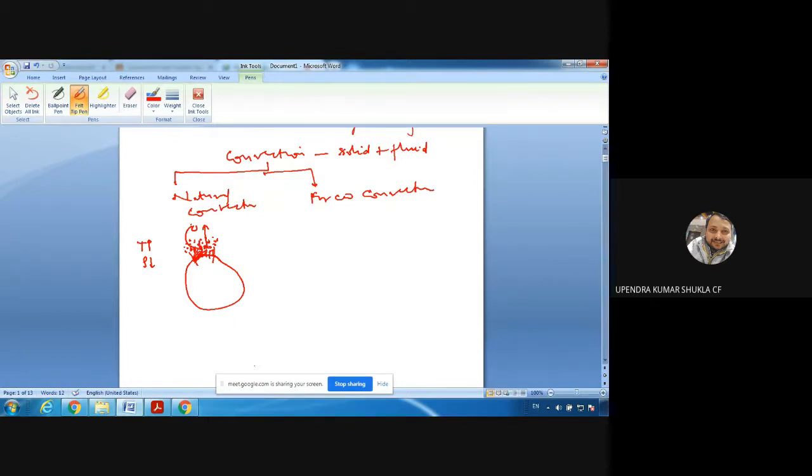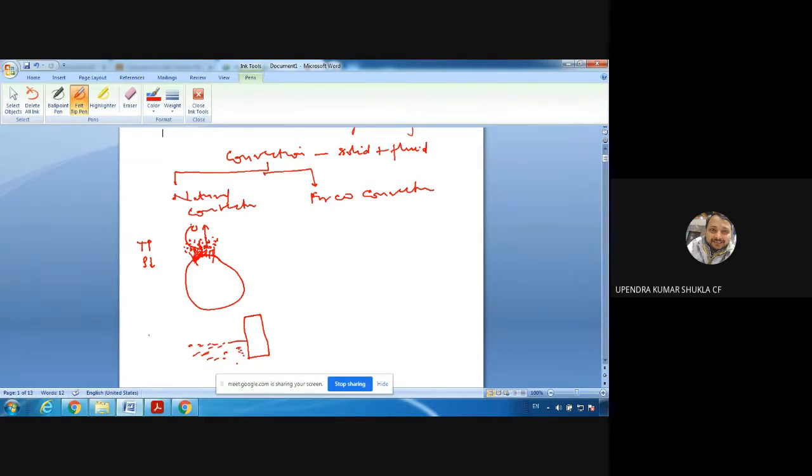Now, the rainfall you can explain on this basis, because you know why rainfall happens. Suppose this is the water body, and suppose this is some mountainous region, or Western Ghats, or some hilly region.